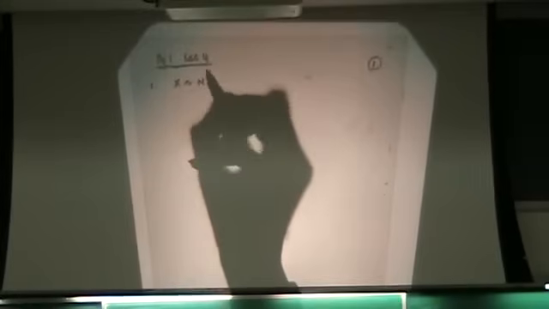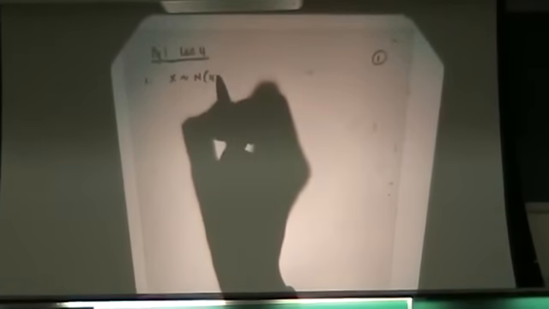So this is page 1 of lecture 4. It says X is normal with mean 49.7 and sigma equals 23.4.